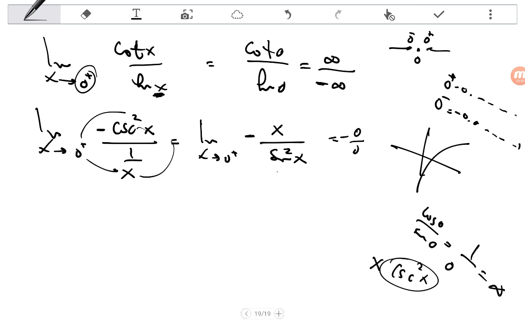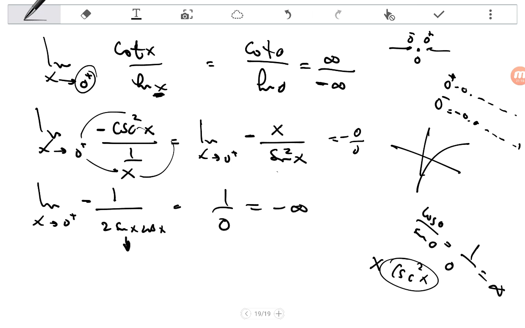So I apply L'Hopital's rule another time. So this is limit x approaching 0 of minus 1 over 2 sine x cosine x. Now I put x equals 0, that will be 1 over 0 because sine 0 is equal to 0. So that will be infinity or minus infinity, and the result is that the limit does not exist.